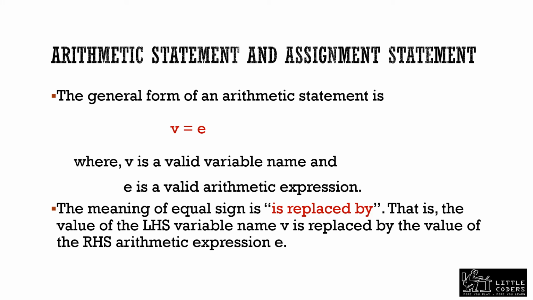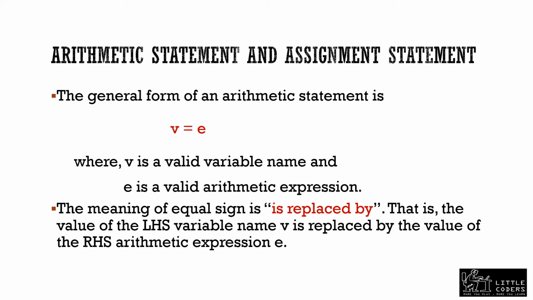Here we are going to discuss the general way of writing this arithmetic statement. Whatever we have discussed so far, whether s is equal to 6 plus 7 or sum is equal to 6 plus 7, is called an arithmetic statement or assignment statement. The general form of an arithmetic statement is v is equal to e.